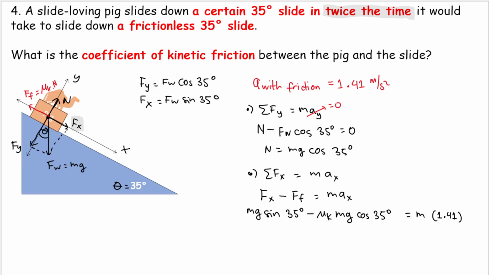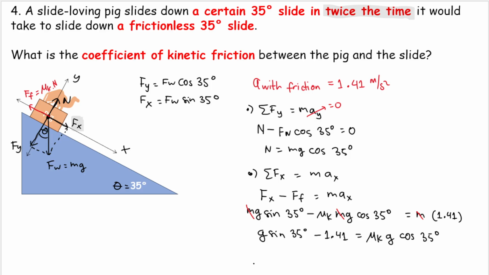Good. Now we can divide both sides by m, so m cancels out here. And then we will have mu k here, so I can isolate mu k. I will have g sine 35 degrees minus 1.41, and that will equal mu k times g cosine 35 degrees.